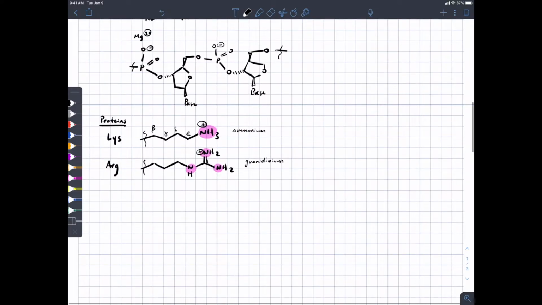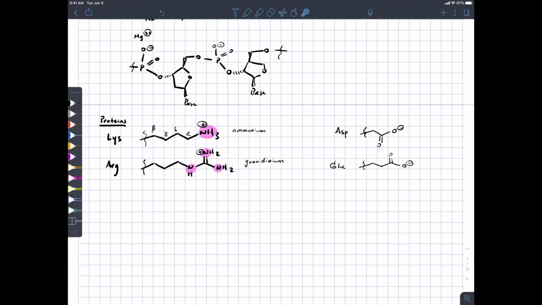And these positively charged side chains can interact with the negatively charged side chains. Aspartic acid or aspartate has a carboxylic acid that's negatively charged at physiological pH, and then glutamate, which is just one carbon longer, also has a negative charge at physiological pH.